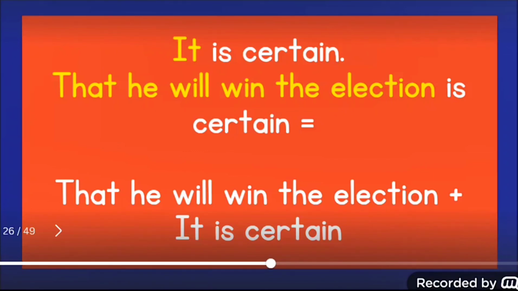So again, in the place of the subject, we have a dependent clause. And since the dependent clause occupies where a noun should have been, we can call it a noun clause. So that he will win the election is a sentence and it can be split into two parts. That he will win the election plus it is certain, which becomes that he will win the election is certain.